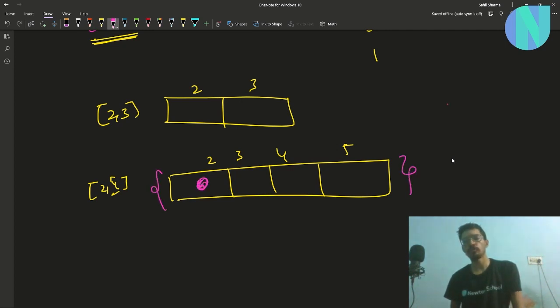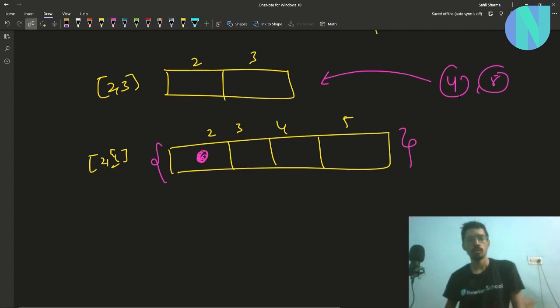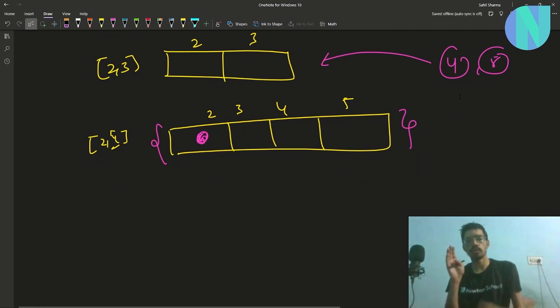So in future, if you get 4 and 5, you cannot place these 4 and 5 in the 2,3 segment, because it does not have the capacity to hold 4 and 5. So if you place your 2 in a segment that has a higher right endpoint, then it will harm you in the future.